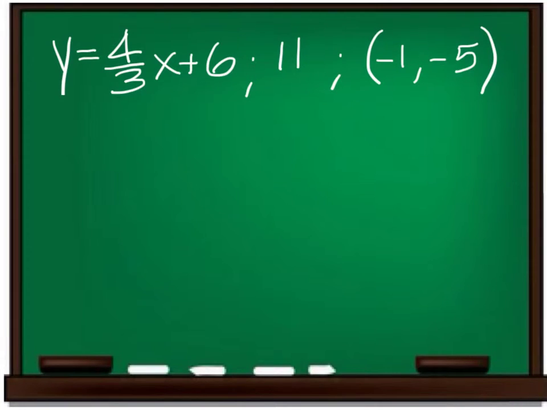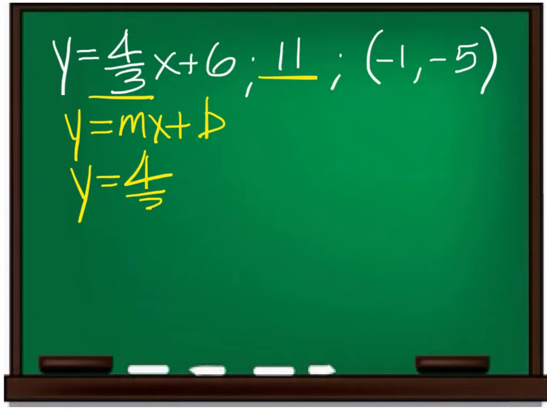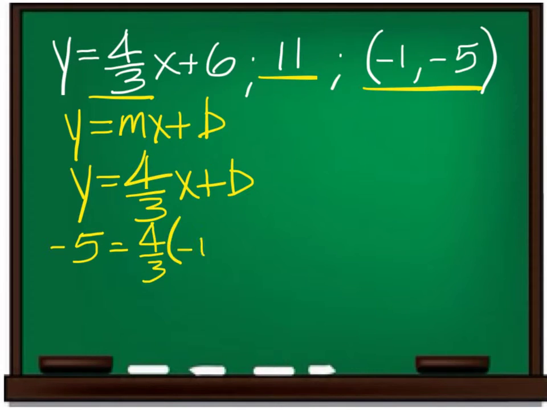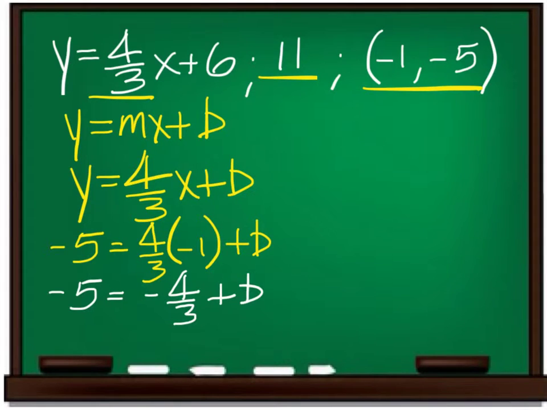On the practice problem, you should have y equals mx plus b to start with. Since it's parallel, it's going to be 4/3 for the slope. And we're going to plug in this point, which is negative 5 equals 4 over 3 times negative 1 plus b. Simplify to get a negative 4 over 3 here, and move it to the left to make it plus.